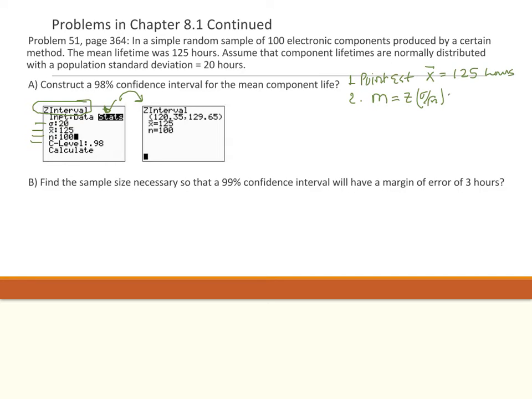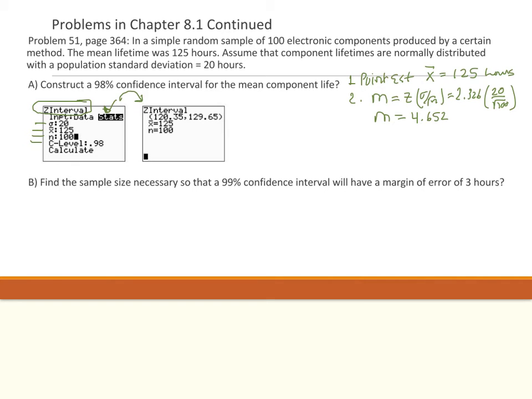Now I look up my z value under Table A3, and I find that value is 2.326, and I'm going to multiply it by 20 divided by the square root of 100. So m is equal to 4.652.